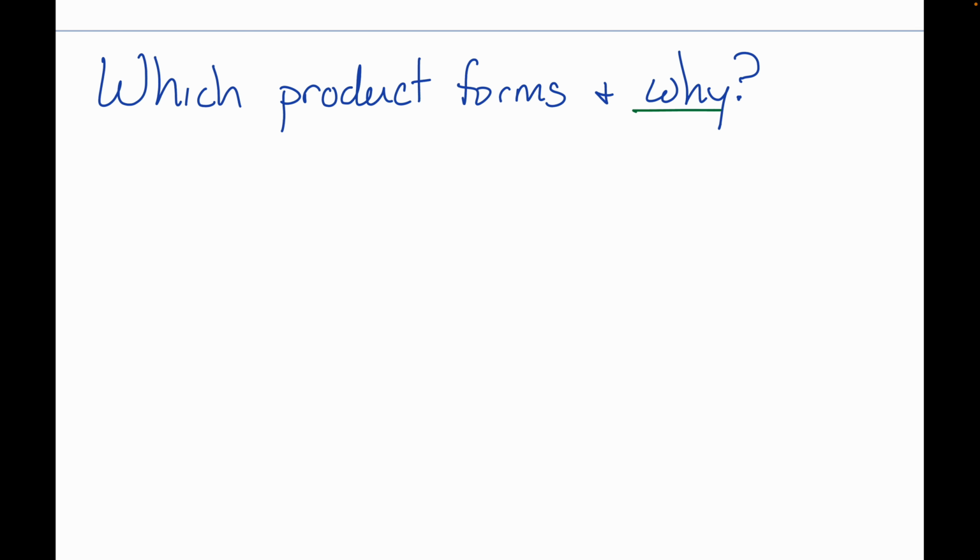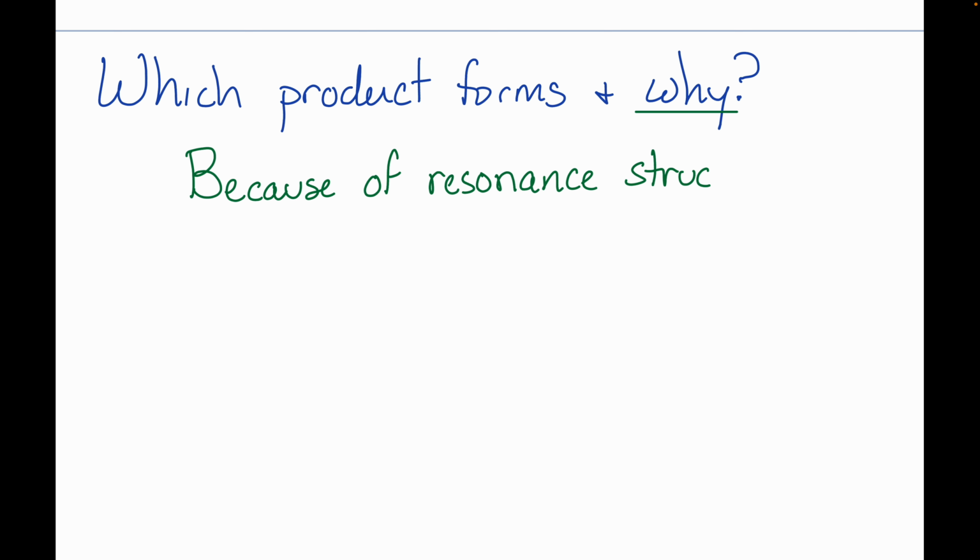All right, so we're going to address the why first, because this is how we're going to understand why this reaction is regioselective. And the why is simply because of those resonance structures that we drew. The way that we're going to understand which one of these two products forms is we got to go back to those resonance structures and what they were showing about the relative electron withdrawing or electron donating of those two reactants.